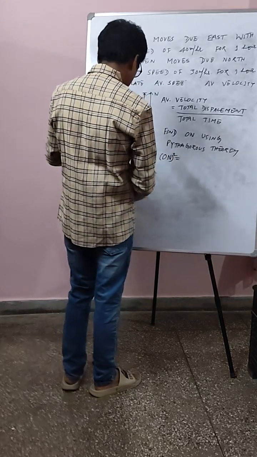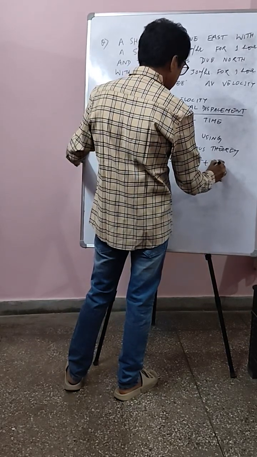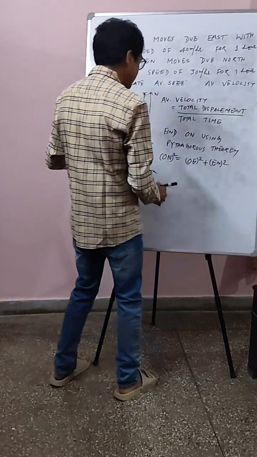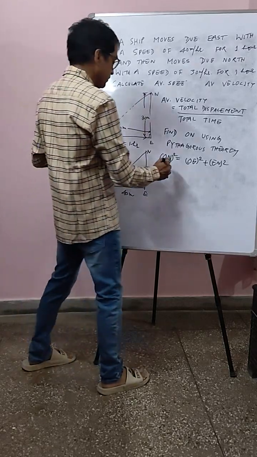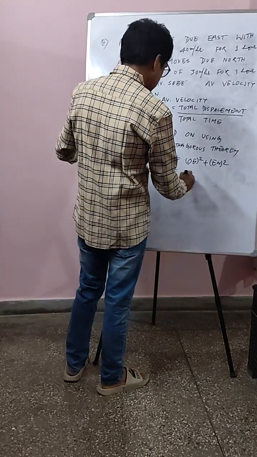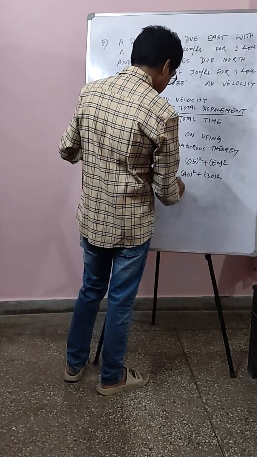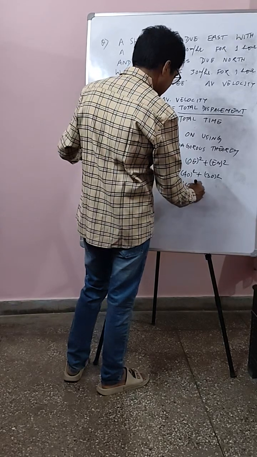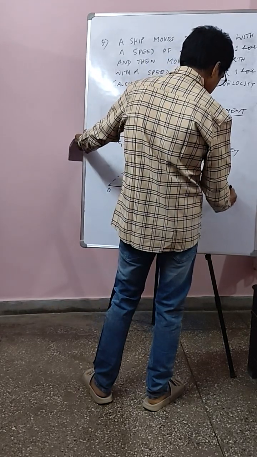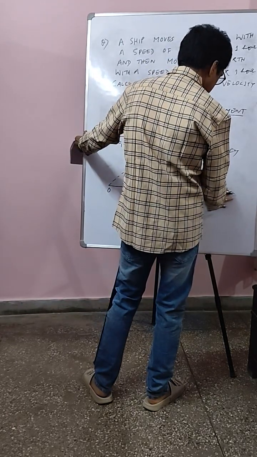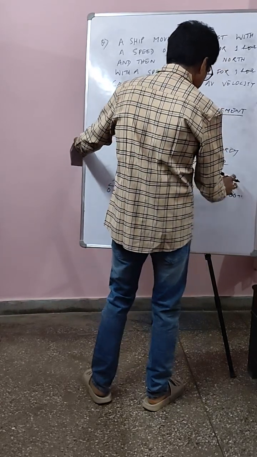So again, using Pythagoras theorem, ON square equals O square plus N square. So this is 40 squared, 1600, plus 30 squared, 900, equals 2500.